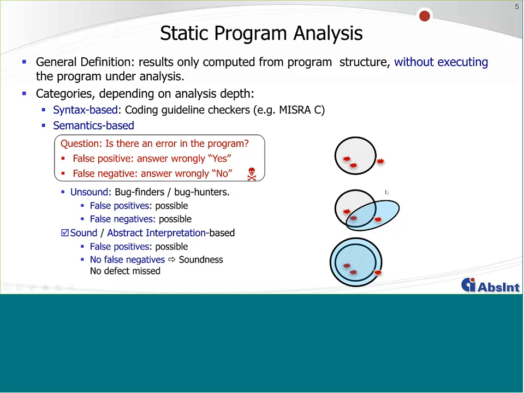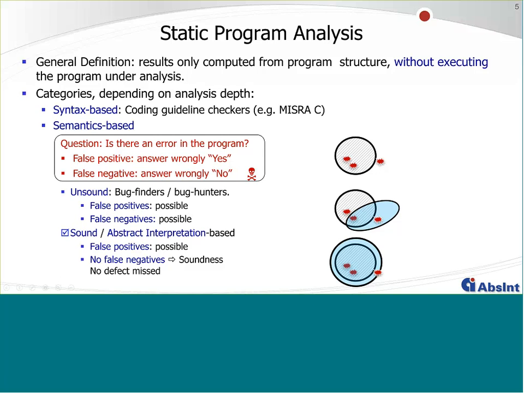It's a bit illustrated in here. Let's say the program behaviors which can happen is this circle here, and then some defects really can happen, and some defects cannot happen. They are outside of the program behavior. Well, then you can group the tools which are working on the semantics in two categories. The first one, called bug finders, bug hunters, they can have false positives and false negatives.